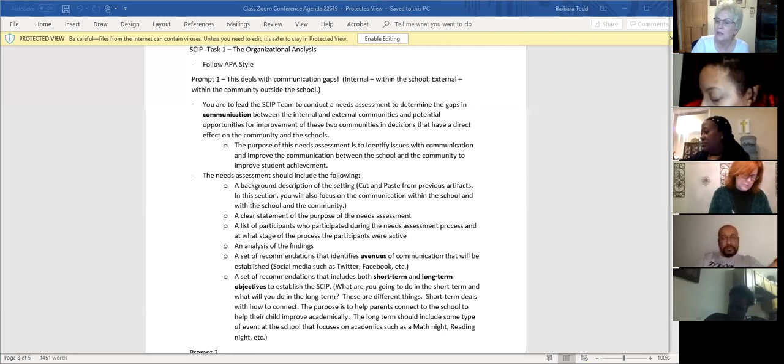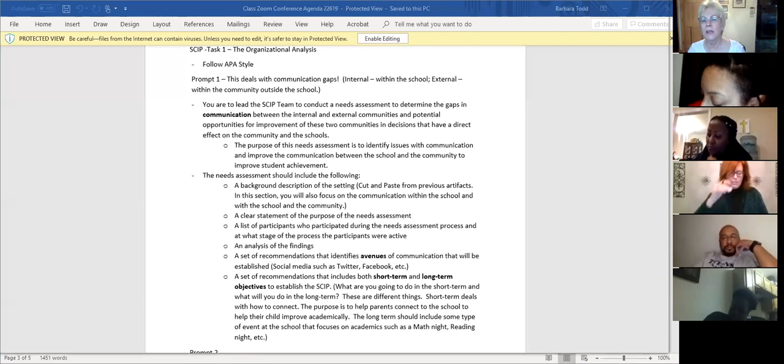External means your community. That can include the parents, your business leaders, the grandparents, but it's the key people around your school. And so that is what your prompt 1 is, a needs assessment. You're looking for gaps, and the gaps are strictly communication between the internal and external communities.